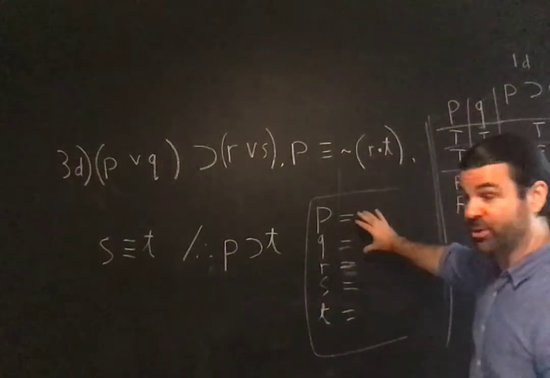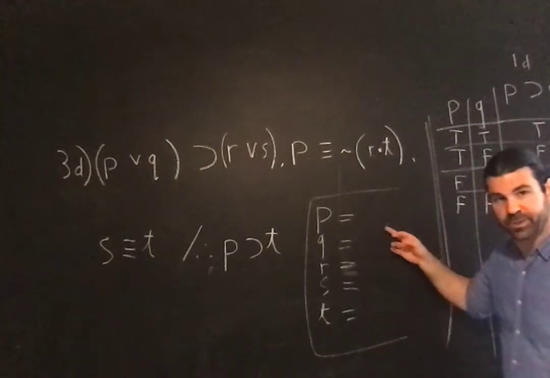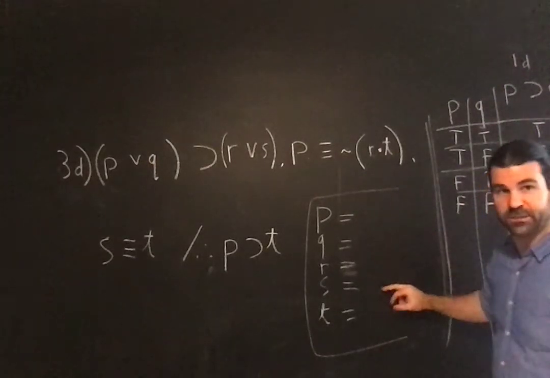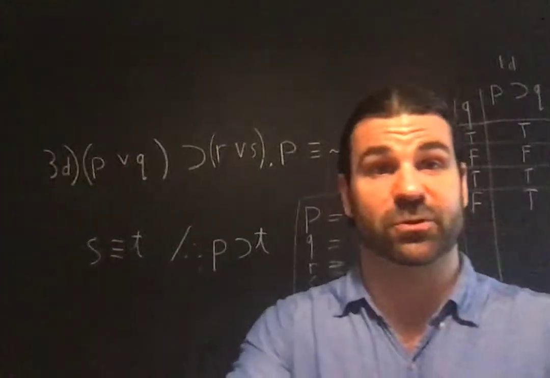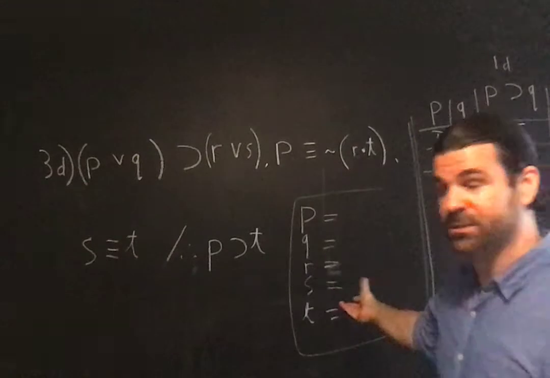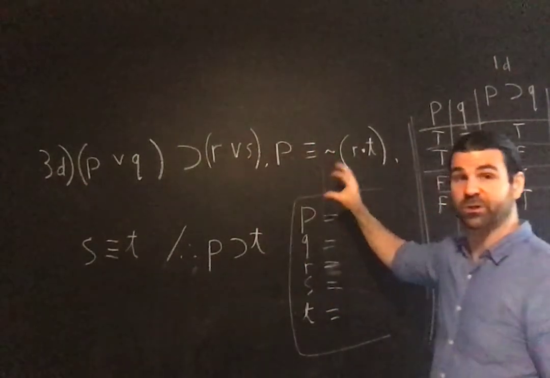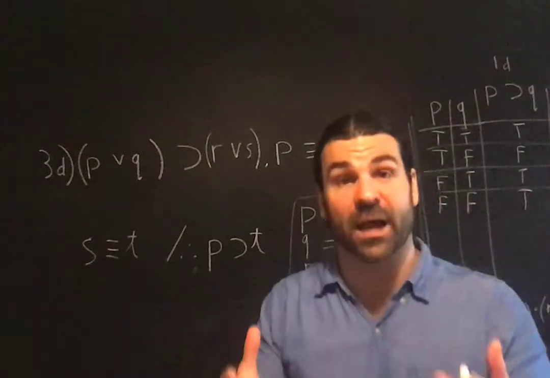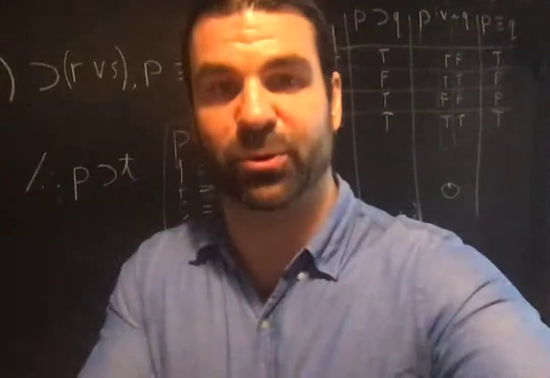And if I can construct such a counterexample, in the end it's going to appear something like T, F, F, T, T, or something like that. And if that assignment of truth values makes all the premises true and the conclusion false, it will be as if I have found a particular row on the truth table.